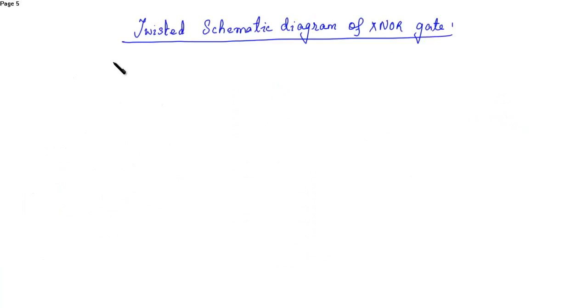So now let's see the twisted schematic diagram of an XNOR gate. As we all know how the twisted schematic diagram of an XNOR gate can be, that is, we'll have 4 PMOS twisted, 4 NMOS twisted. So draw that first. This is PMOS 1. This is PMOS 2.